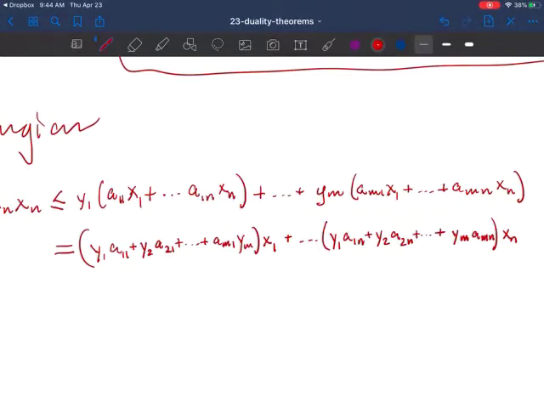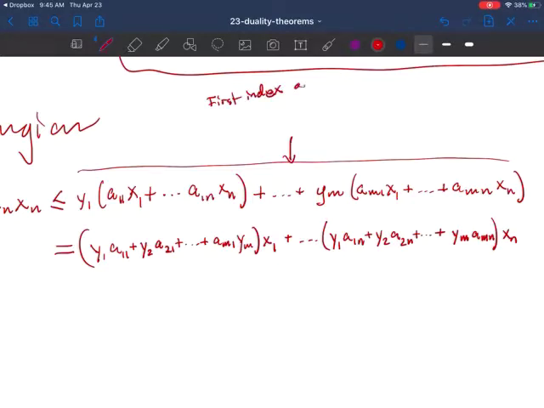Okay, let me review that because I made some typos along the way and had to erase. The first index of the aij is associated with the y's. The second index of the aij's is associated with the x's. That's why all of the second indices in that first term are 1, because they are multiplied by x1, and all of the second indices in the very last term are n, because they are all multiplied by xn. Within the summation, you can see the different y's accruing because of the first index. That pattern is also true in this expression here.